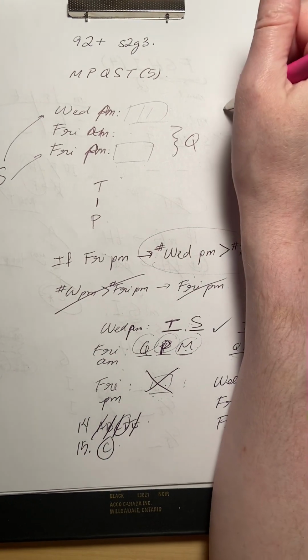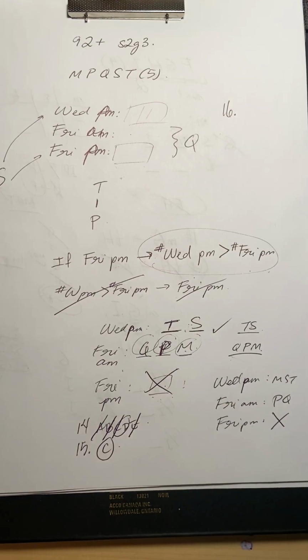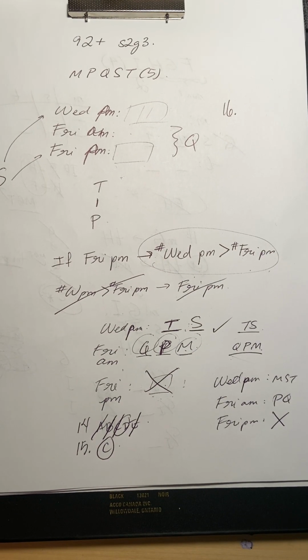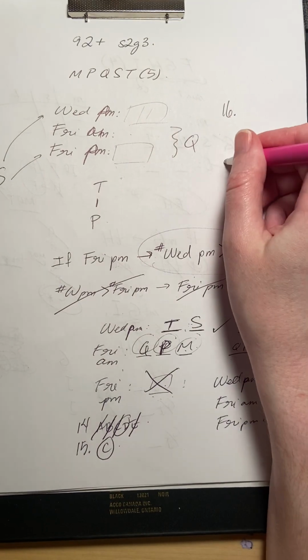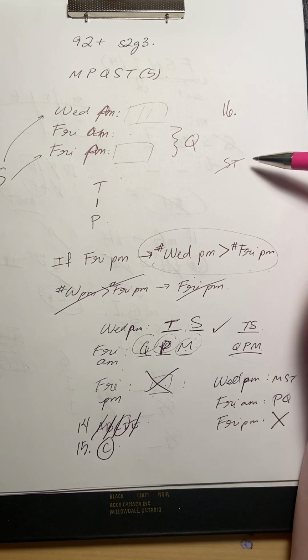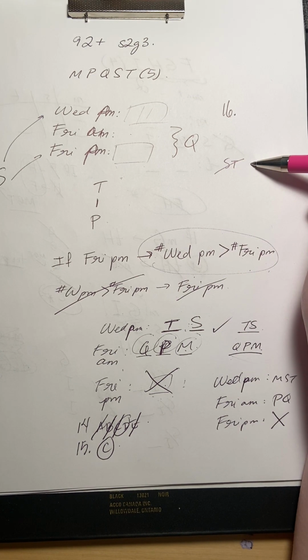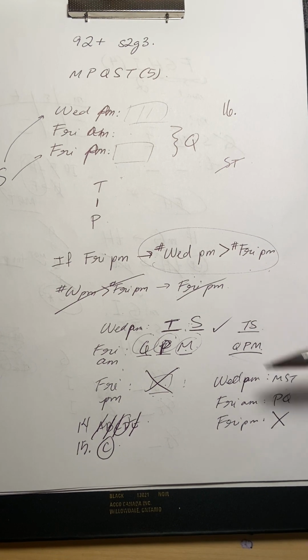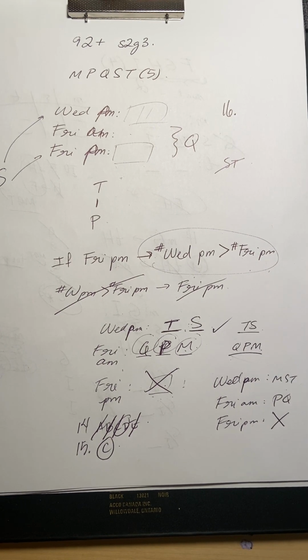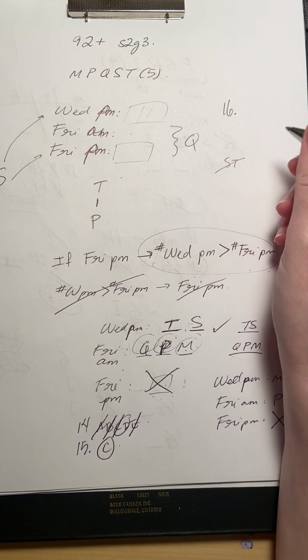All right, 16. If S and T are not scheduled for the same session as each other, okay, so S and T aren't together, we have examples where both of them are on Wednesday.